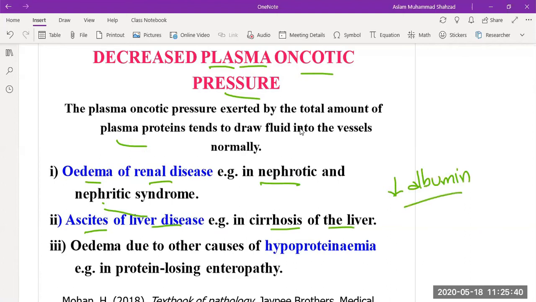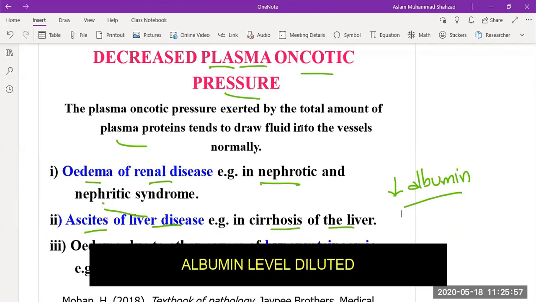And why will there be a decrease of albumin? Because the hepatocytes are not properly performing their function of synthesizing albumin, or in other cases some scientists suggest that because of the fluid retention of water and electrolytes, the albumin level becomes diluted.